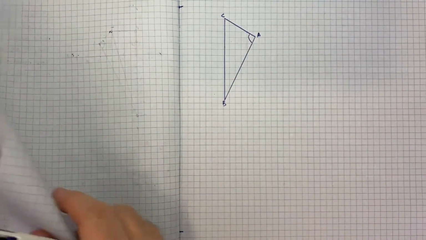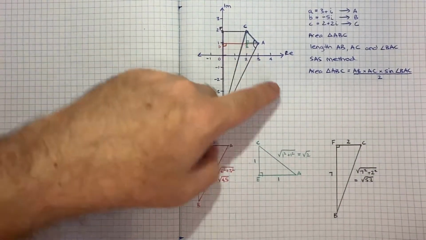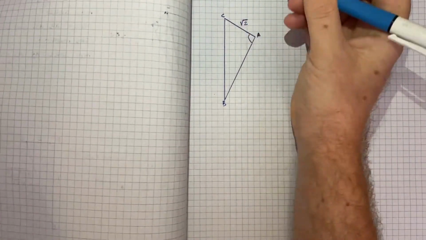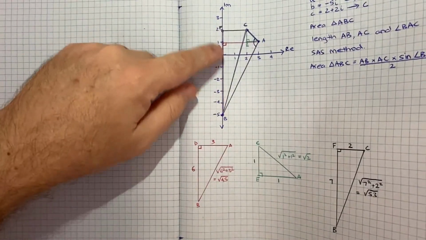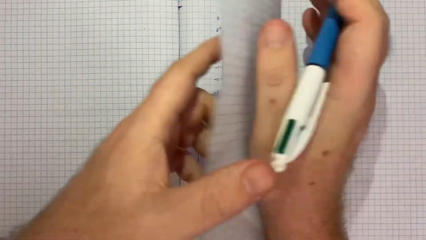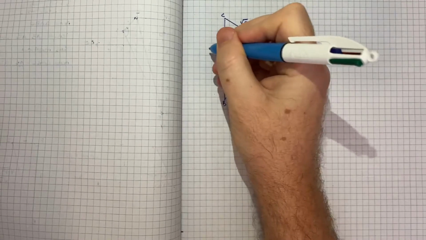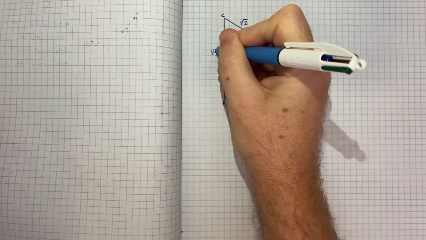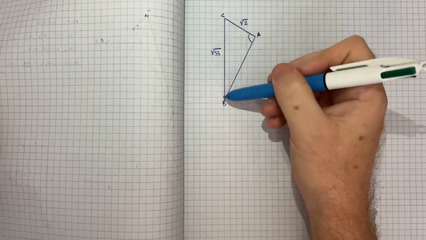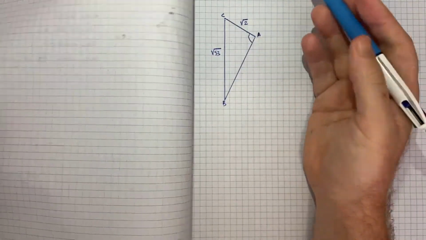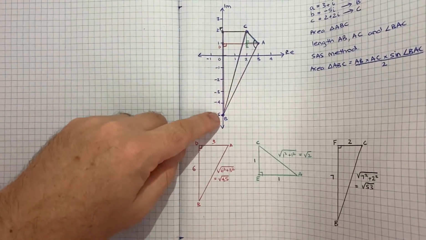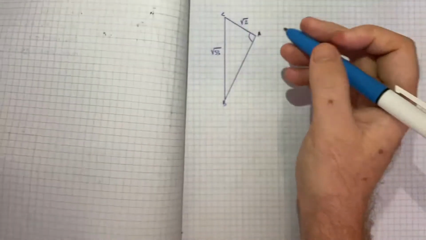The lengths of the sides are AC is square root of 2, BC was square root of 53. Sorry, I've drawn this not in a very helpful way. It's actually at an angle, but hopefully you get the idea. So that's BC, and then AB was the square root of 45.